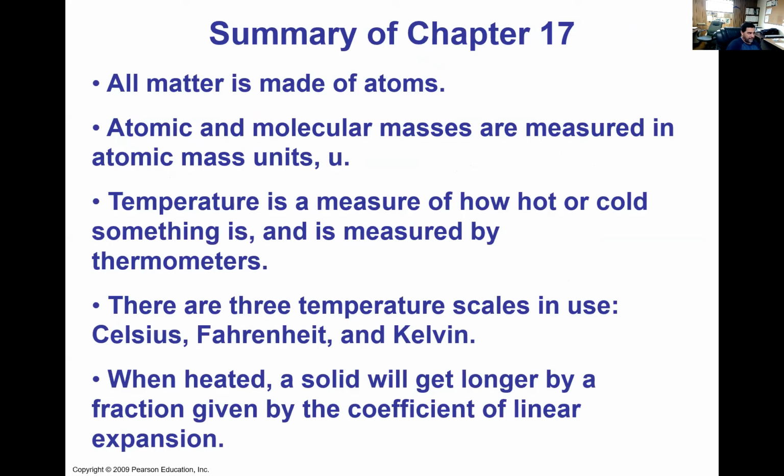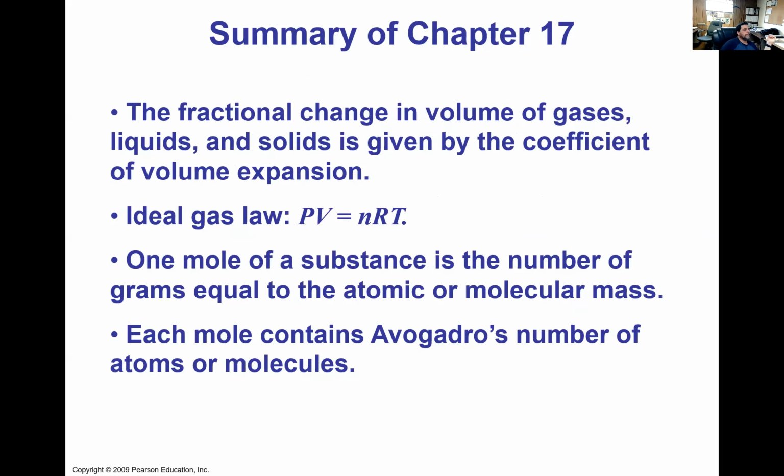So chapter 17: all matter is made up of atoms. Atomic and molecular masses are measured by atomic mass units, or U. Temperature is a measure of how hot or cold something is and is measured by thermometers. There are 3 temperature scales: Celsius, Fahrenheit, and Kelvin. If you heat them, a solid will get longer by a fraction given some coefficient of linear expansion. That's thermal expansion.